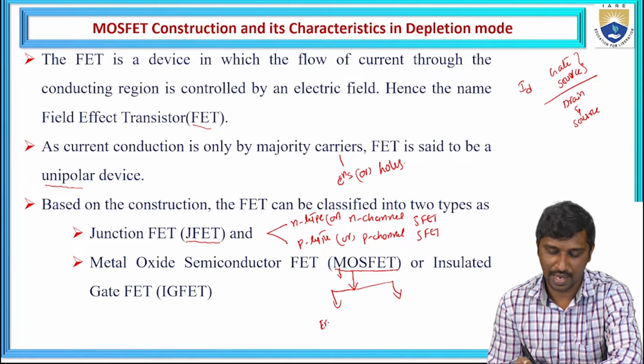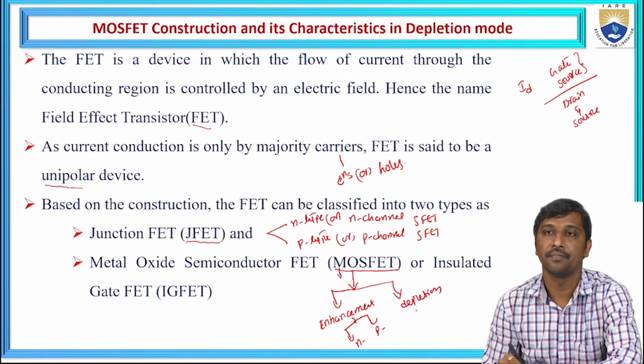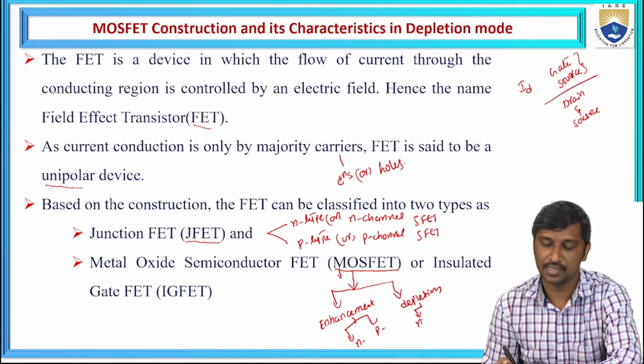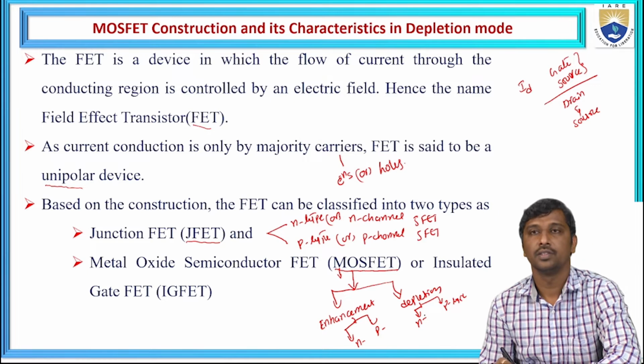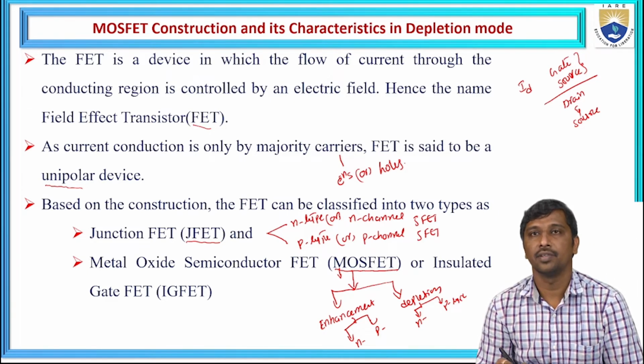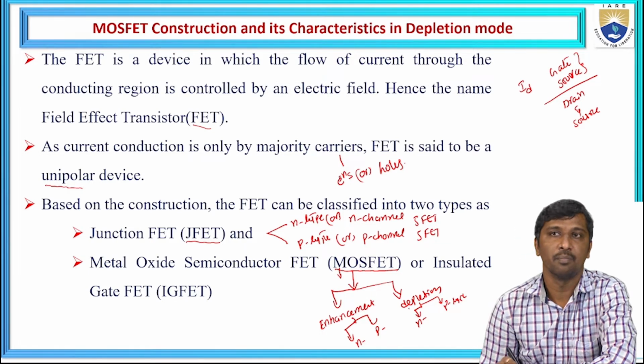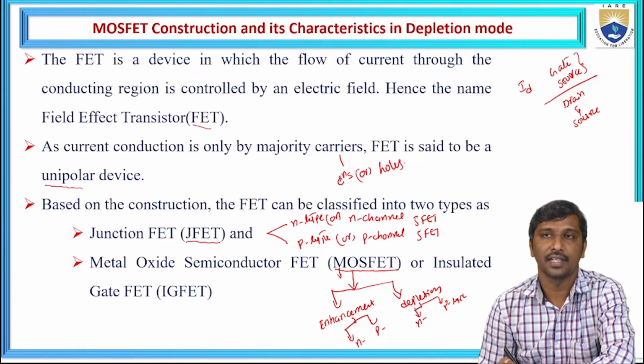One is enhancement, another one is depletion type. In enhancement, based on the construction, it is either N-type or P-type. In depletion also, it is considered as N-type as well as P-type. So these are the classifications of either a junction field effect transistor or a metal oxide semiconductor field effect transistor.